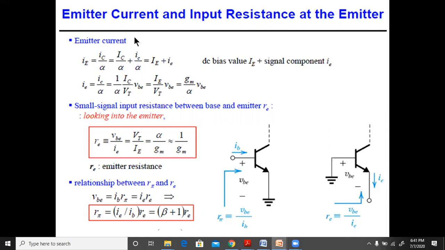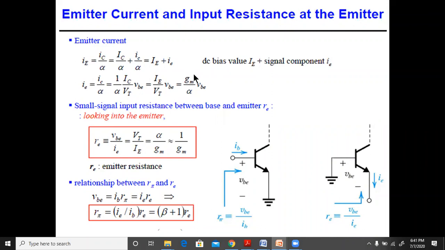And that can be written in terms of gm. We have already written that IC by VT is the value which is gm. This is nothing but gm, and hence we can write gm VBE by alpha. So now the input resistance looking at the emitter will be VBE by IE, and that will become alpha by gm.